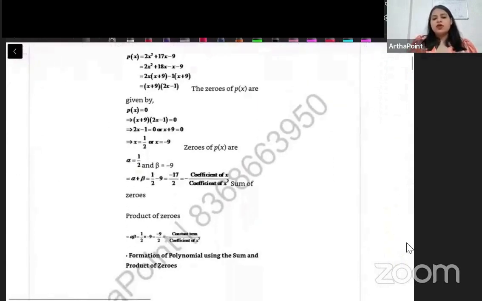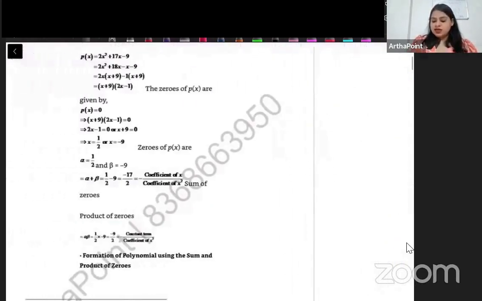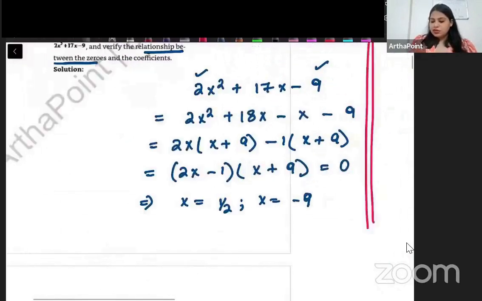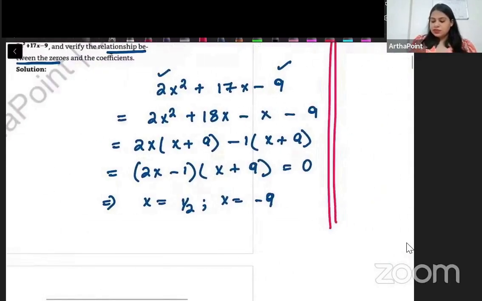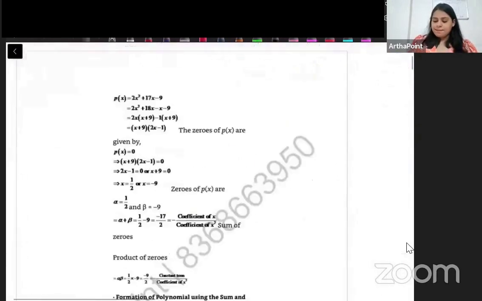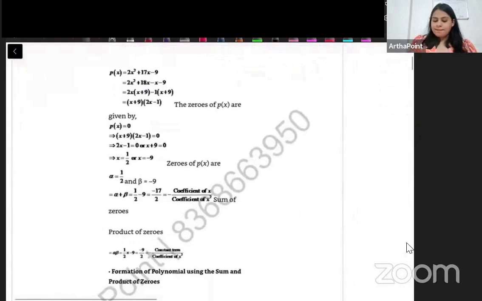So we have got alpha. Yeah, did I miss something here? Yeah, so the zeros have come out as x plus 9 and 2x minus 1.